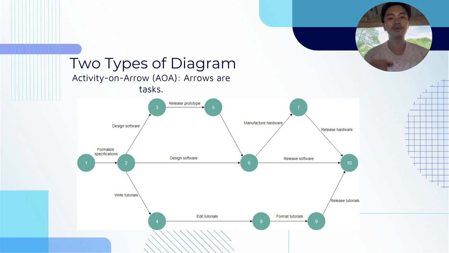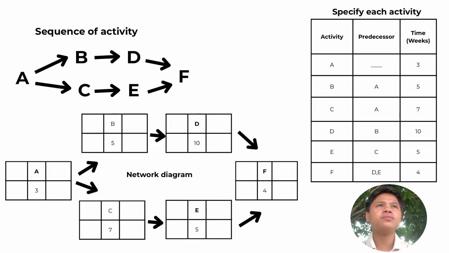Then the last is the dummy activity, a dashed arrow with zero duration used to show dependence without real work. This dummy activity is different from AON, because AON has no dummy activity. That is the difference between AON and AOA.